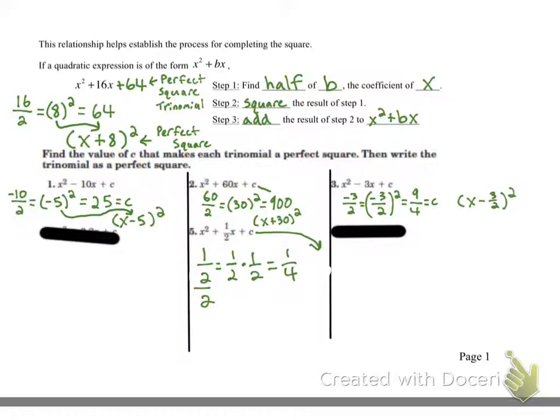So 1/2 divided by 2 gives you 1/4. You square it, and you would get c equals 1/16. The binomial it would equal would be x plus 1/4.